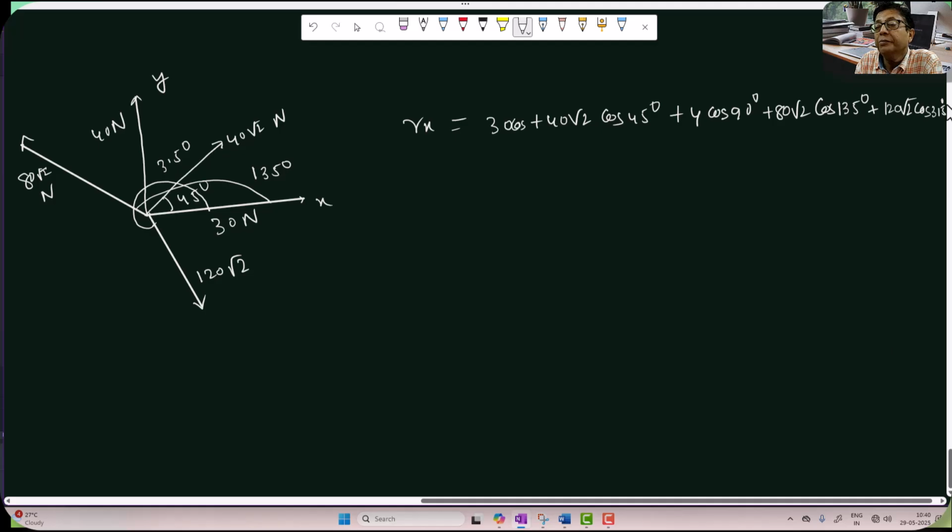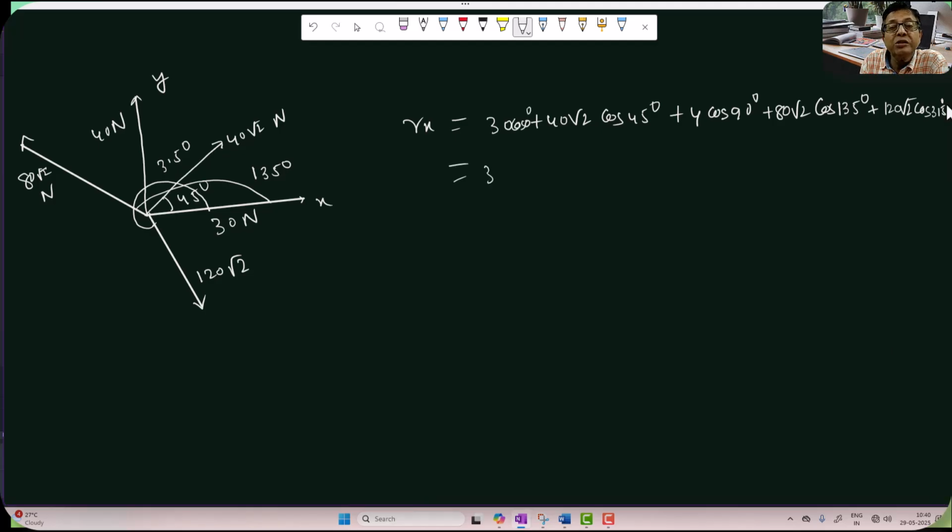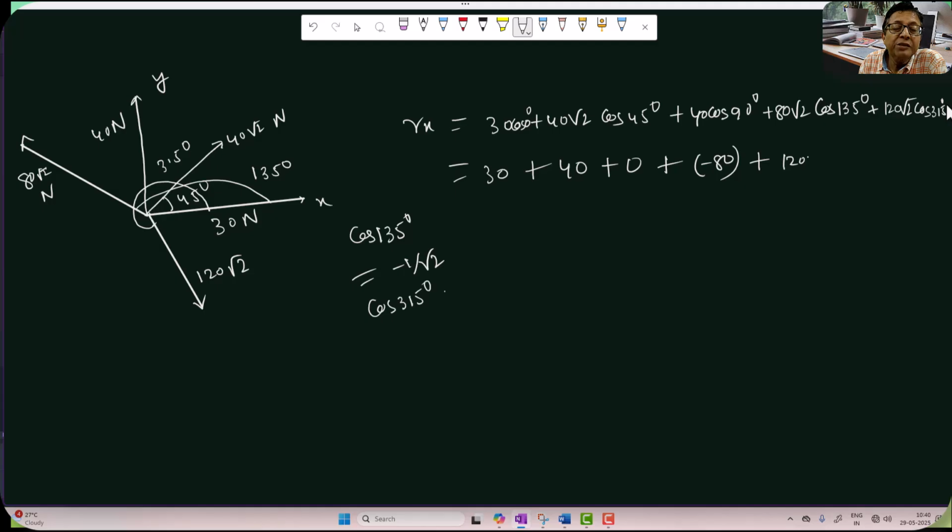Hope you have understood. This is actually 30 cos 0, no, if you write. So this is 30, 40, this is 0, this is 80 root 2 minus 1 by root 2, so minus 80. This is 120 root 2 1 by root 2, because cos 135 degree you know minus 1 by root 2.